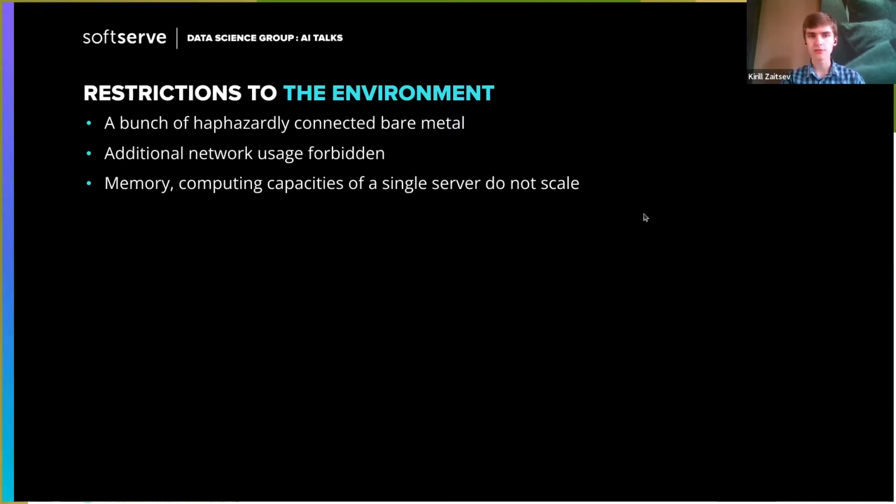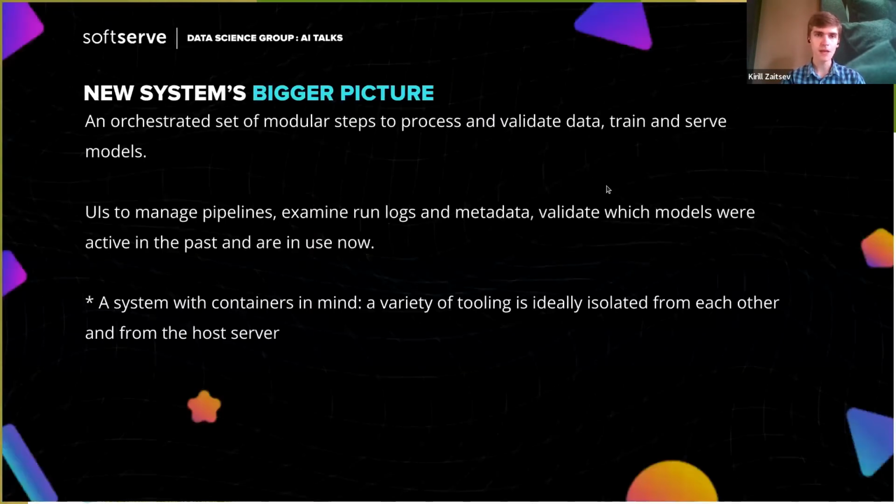And additional network usage is forbidden, so we are declining a couple of cloud-based services straight away. So we are on premises, we don't have connection to the internet, and we try to make our way in this rather strict environment.